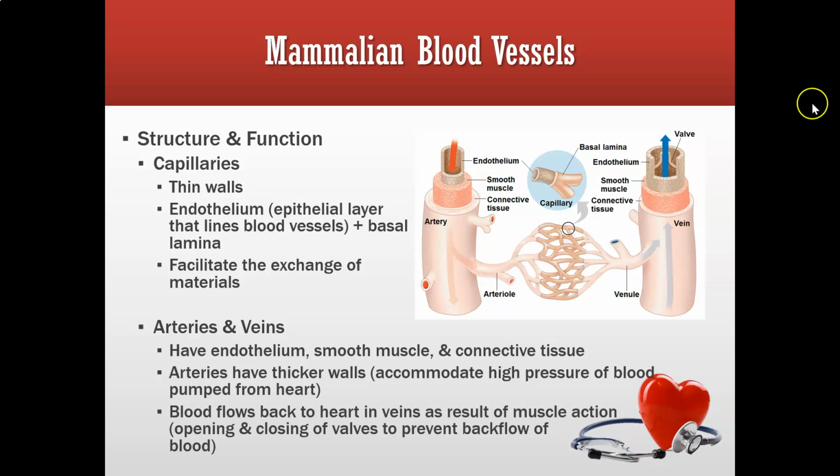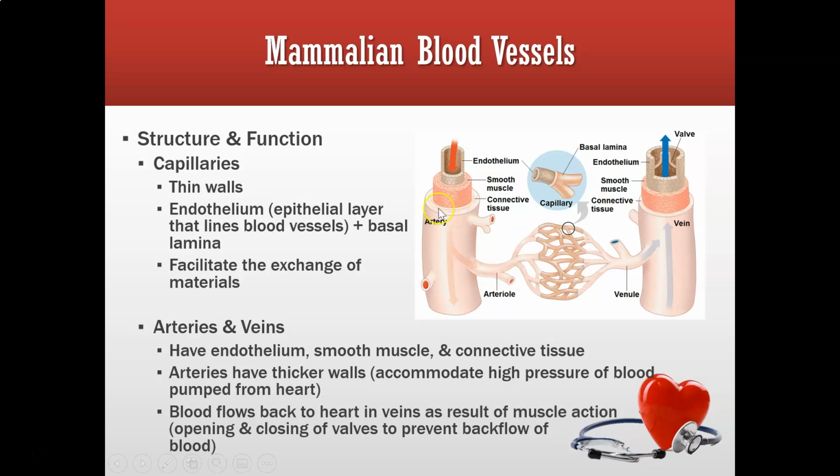Your arteries and veins also have those endothelial layers, but those are then surrounded by smooth muscle cells and then by connective tissue, because again, these aren't really the sites for that exchange of material. Instead, I just need to get that blood, that fluid, from one place to another.